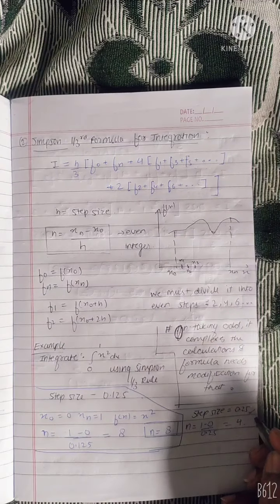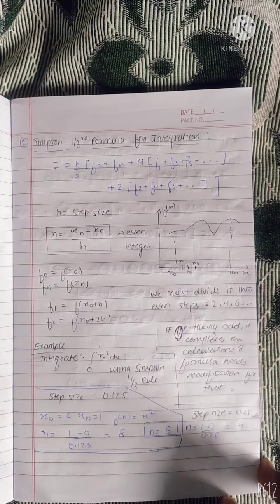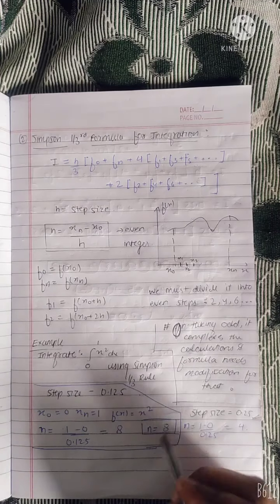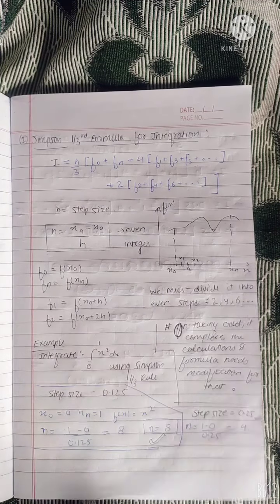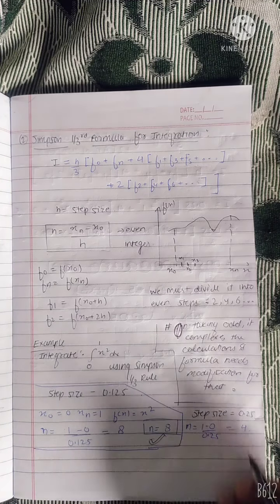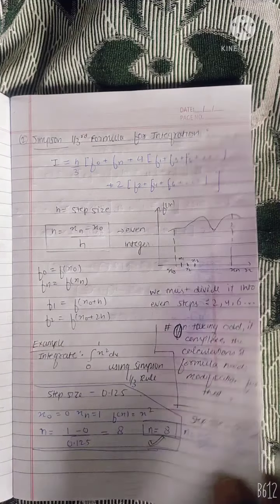Earlier the step size I mentioned was 0.125, but it leads to 8 times doing the calculation, a larger calculation. So instead of going for a larger calculation, we restricted it to a smaller version, and we took n equal to 4.